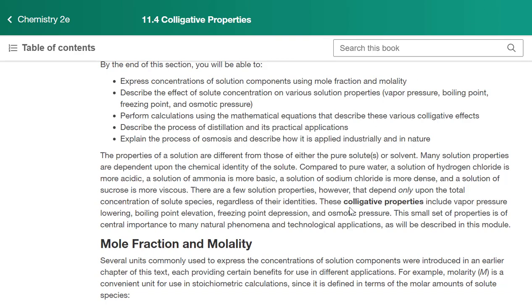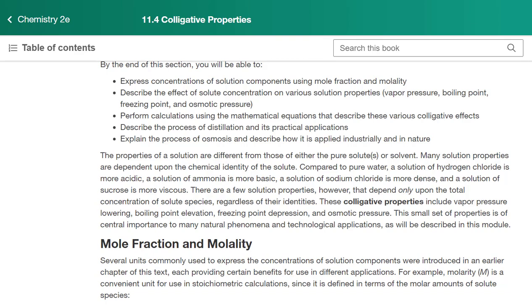So the idea here, colligative, means of the collection, the things that are a part of that solution lead to it having the properties that it does, not what those things are. So we can look at, I should say, the solvent properties. It will depend on the properties of the solvent, but it is not dependent on the properties of the solute.